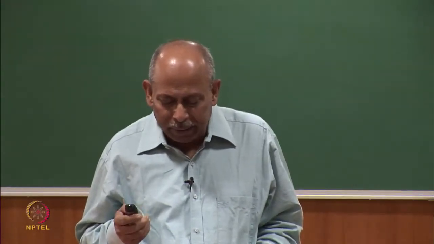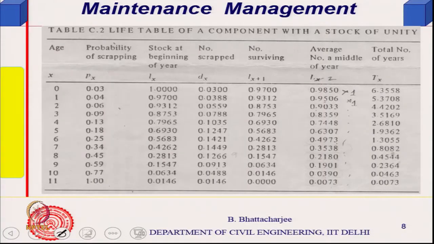So, you might generate a table of this form, which will show that age, this column is age 0, that is starting point, and percentage scrapping after that, so starting point is 100, fraction 100%, and number scrapped is 0.0103 percentage or fraction you can talk about, survival is 0.97. So, probability of scrapping therefore is 0.3, because out of 100 only 0.3 has been scrapped.